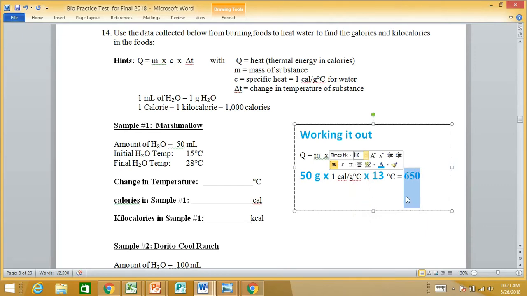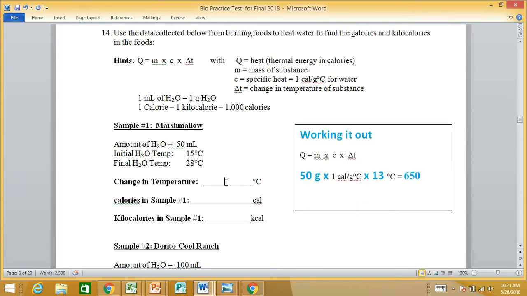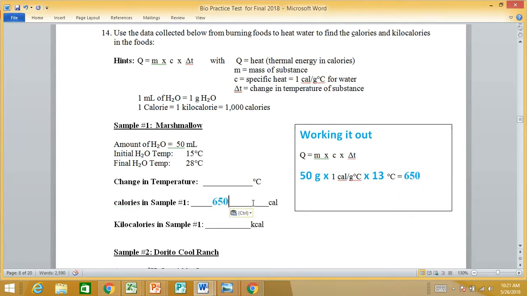Okay, so this is going to be my answer for here. Oh, sorry. This is going to be my answer for here. Plug it back in. 650 calories.